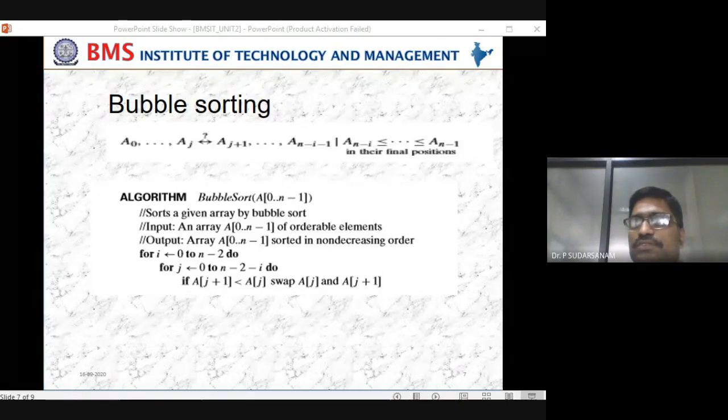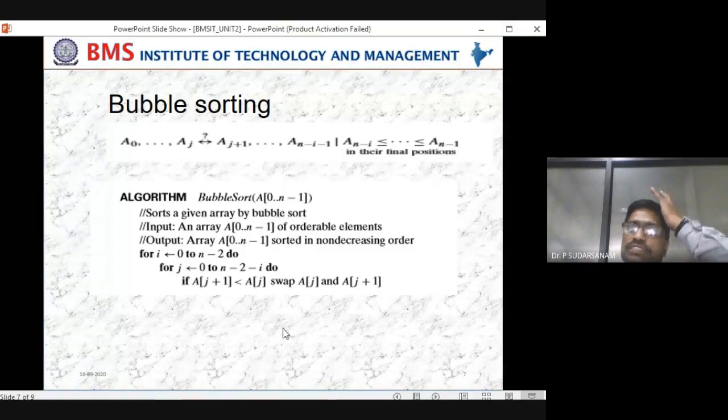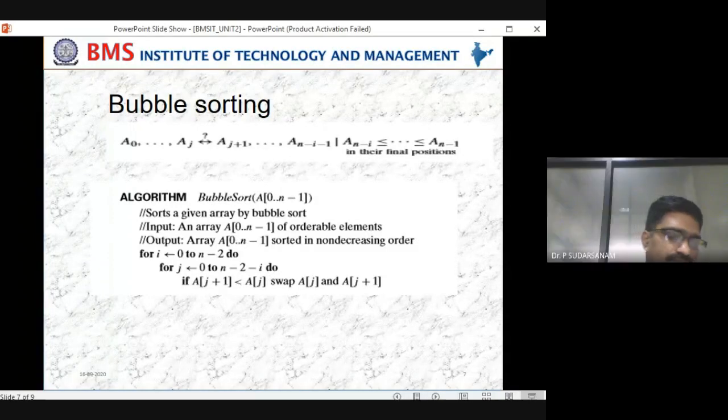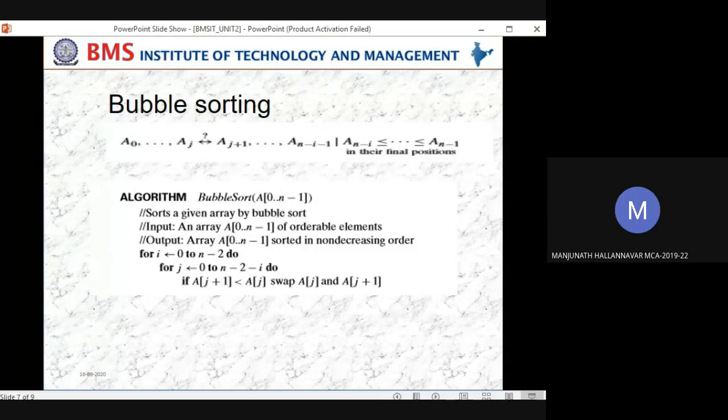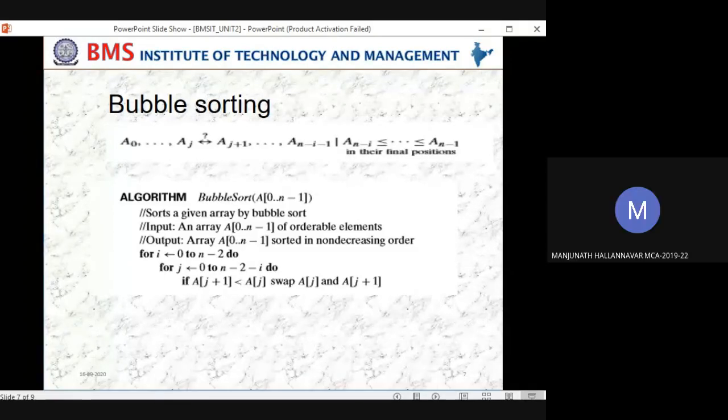Manjunath? Any idea? Bubble sort definition? Bubble sort is the simplest algorithm, sir. I mean, it's easy to sort, sir. So how will it work? Sir, comparison, basically compare.